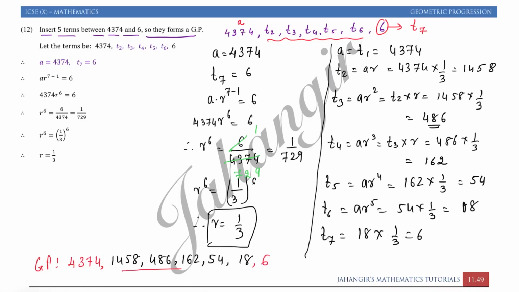So these are the 5 numbers which we had to put in between 4374 and 6. Whenever they say insert terms, you can use this method for AP as well as GP. But in AP we have to solve according to the AP pattern, and in GP according to the GP pattern. But the method of doing the sums will remain the same.